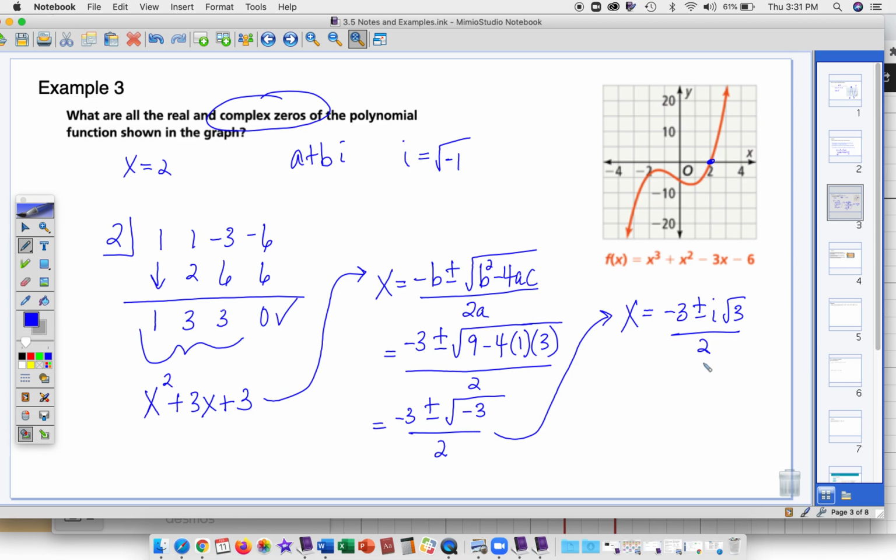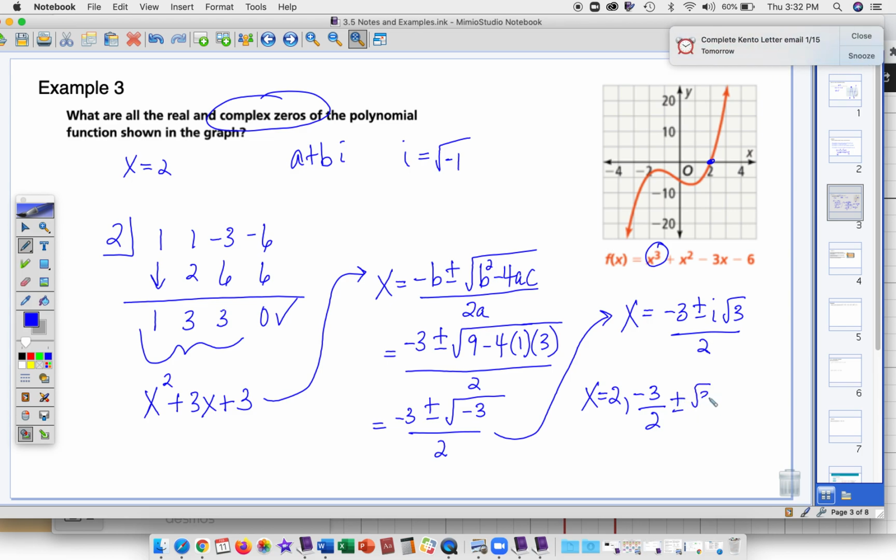I'll show you how we would write these out. So here's our 3 solutions. Remember, there's 3 solutions because it's degree 3. We have the one real solution, which is x equal to 2. And then we have the 2 complex solutions, negative 3 over 2 plus or minus i root 3 over 2.